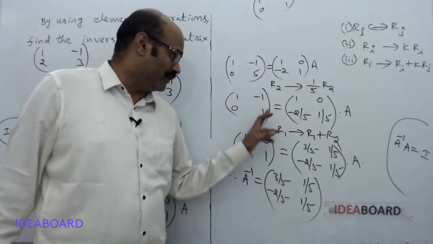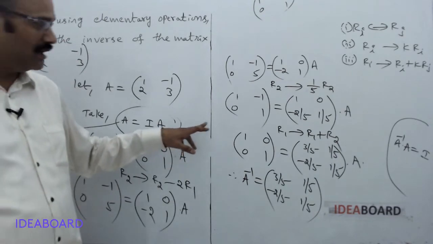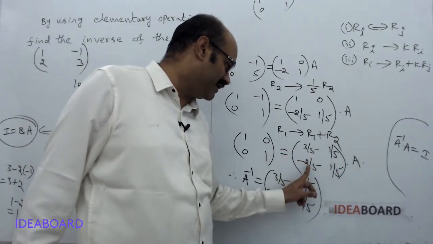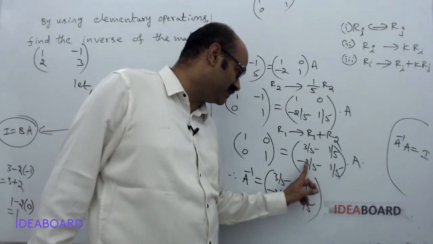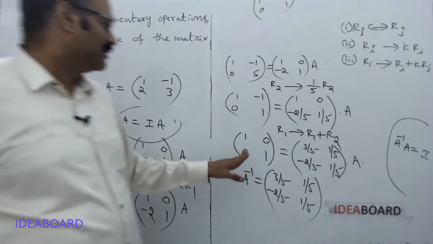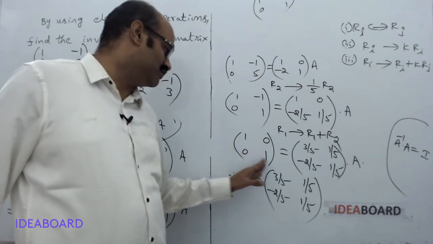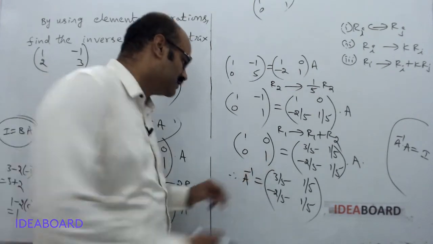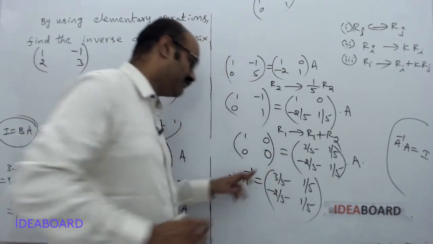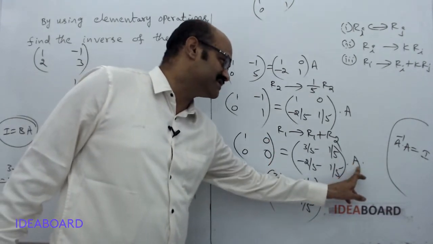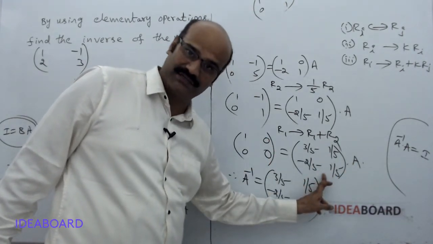Sometimes while doing the problem, at the end of the problem we get these 2 becoming zeros. In the place of minus 2 by 5, here we get 2 zeros, 1 0, 0 0. We don't get 1 here, we get 0. In such a case, we say that the inverse of this matrix A does not exist.